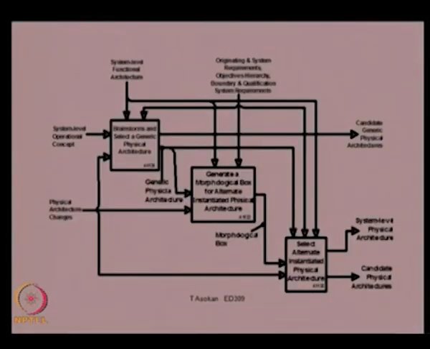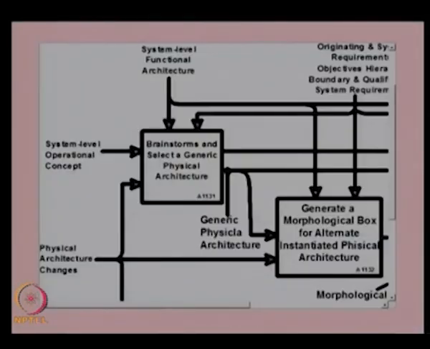So, this is explained using the IDEF0 diagram of the different processes. As you can see here, this is the first level. We do the brainstorming and select a generic physical architecture.